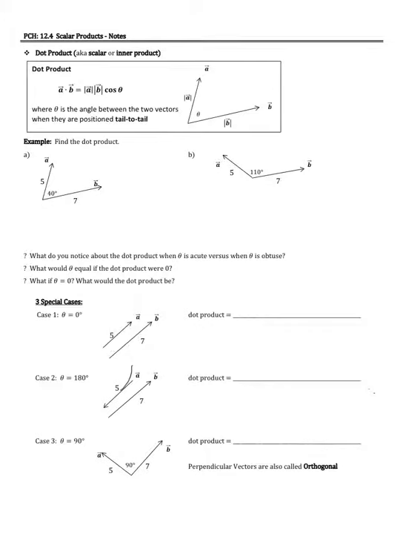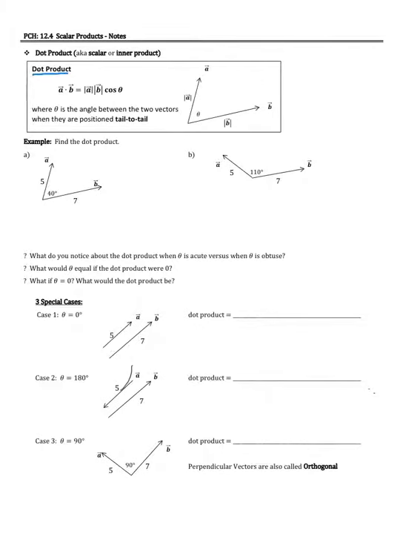So it uses law of cosines and some substitution, and shows where these 2 formulas come from, okay? But for our purposes right now, I'm just going to introduce the dot product.